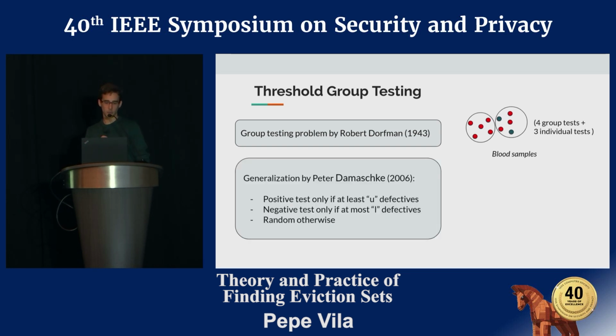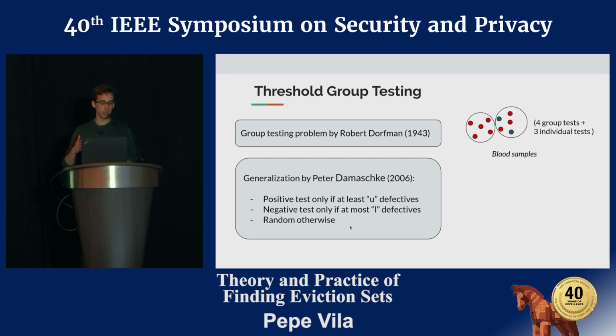And we are specifically interested in a generalization by Peter Damaschke from 2006, where the goal is the same. We are interested in identifying all the defective elements of a population, but in this case, the test is slightly different. Our test will only give a positive answer if the group contains at least U defective elements. And it will give a negative answer only if it contains at most L defective elements.